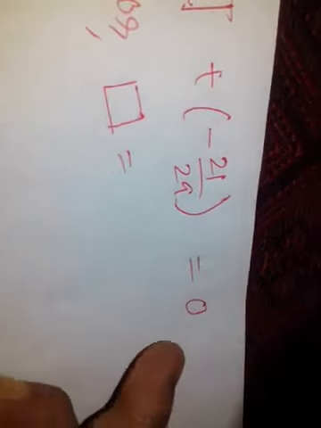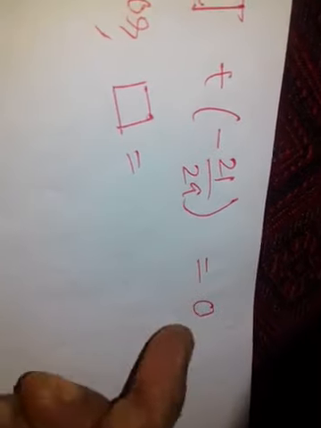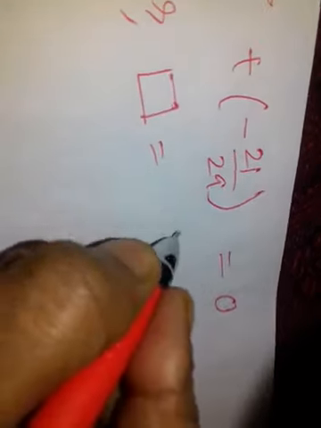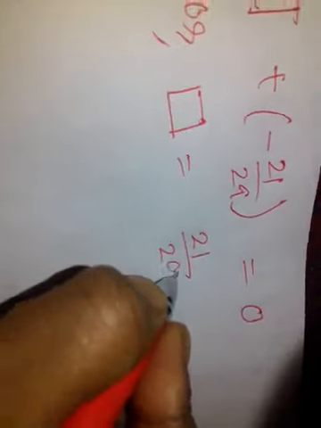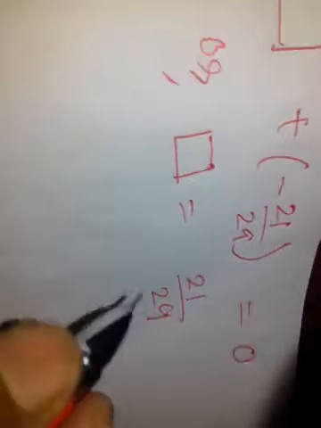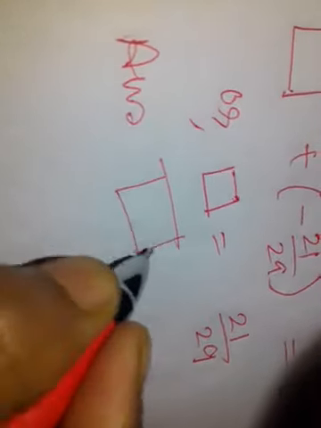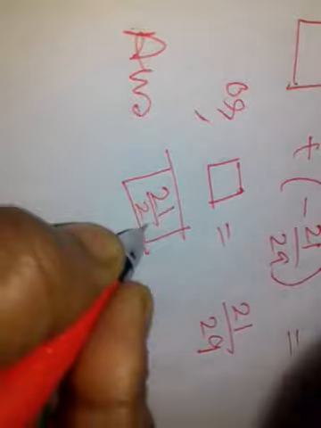If this goes to the right hand side, it will be plus. So here it is minus, so it will be plus there. 21 by 29. So the answer, in the box the number will be 21 by 29.